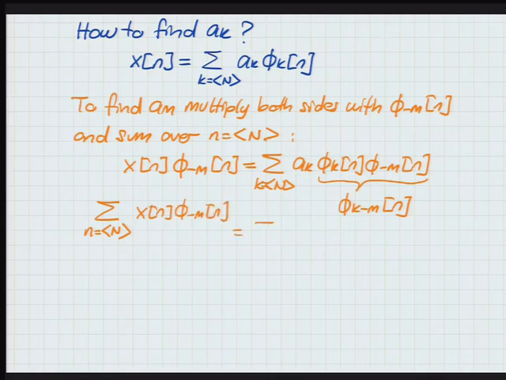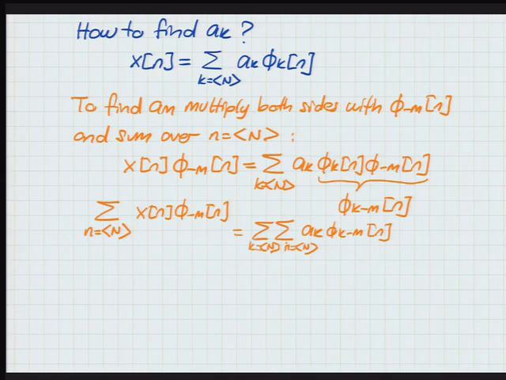On the right hand side, this will give me a double summation of a sub k, so we're summing over both n and k of a sub k phi k minus m of n. When you have a double summation, just like double integration, you can change the order of those. So let's change the order: first sum over n instead of k, and then sum over k.